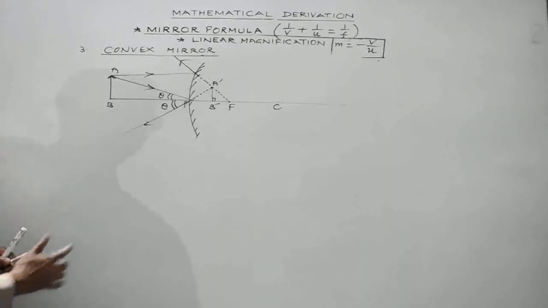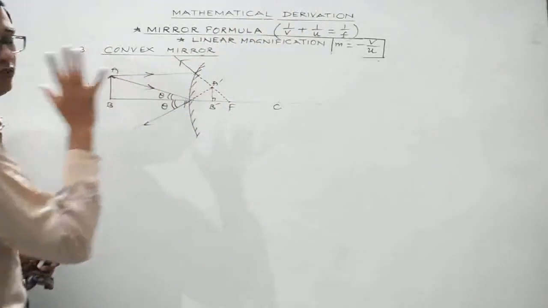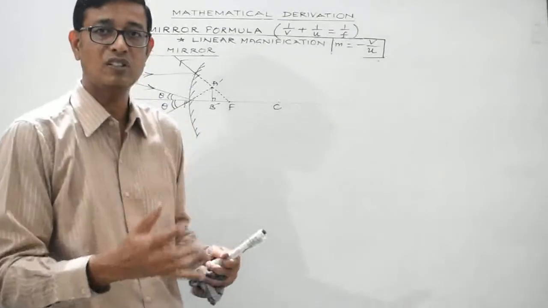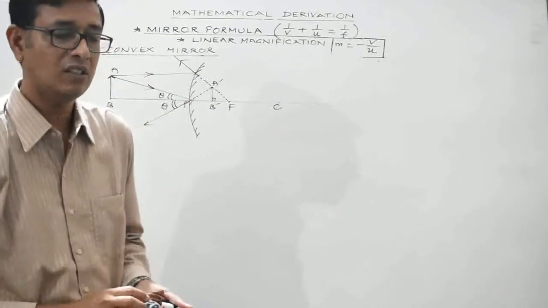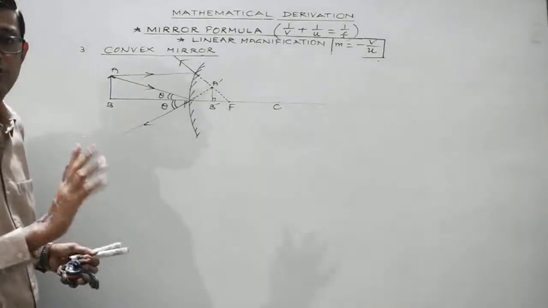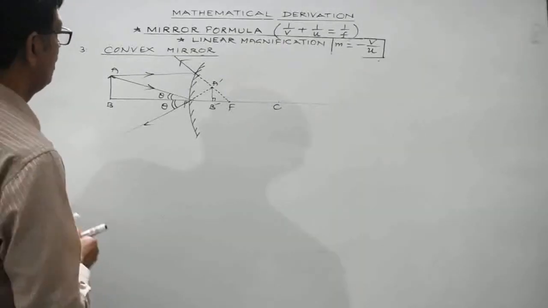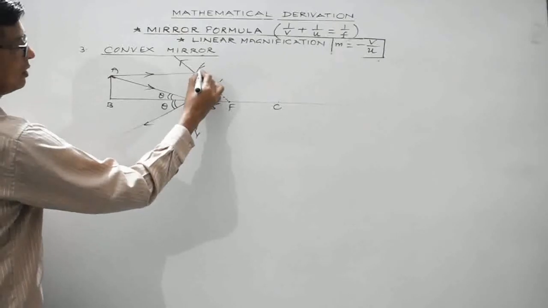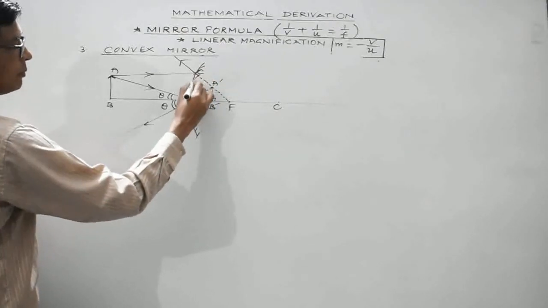So let's try to verify the mirror formula for the convex mirror. Again, we will follow the same procedure as in the previous two articles, right? We will consider a pair of triangles. So we consider this to be point C and drop a perpendicular.